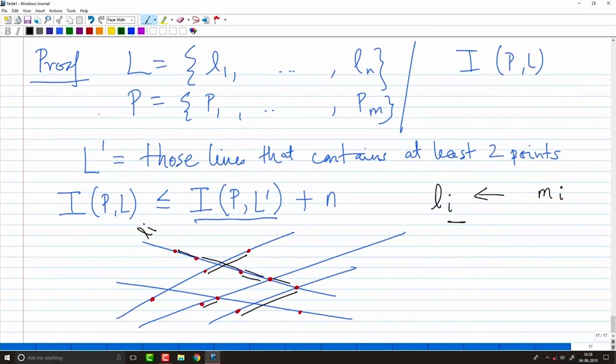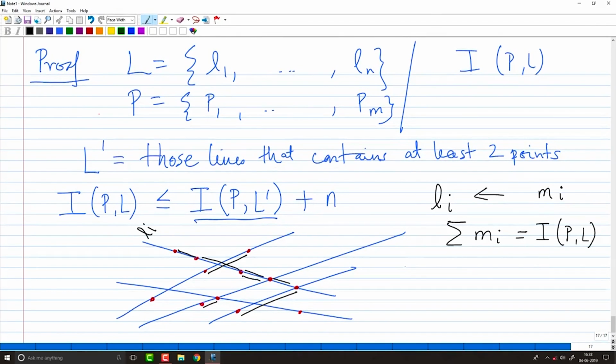One thing to observe is, if I take the summation of Mi, what do I get? I of P, L, right? This is okay, right? Okay, good.